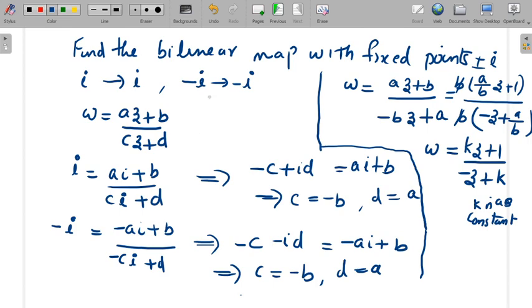Given the image of 2 points, there remains one arbitrary constant in the bilinear transformation. So you just write for any value of k, this will be a bilinear transformation with fixed points plus or minus i. So these are the things I wanted to discuss in bilinear map, and we have one special bilinear map which is mentioned in your syllabus, which is 1 by z.